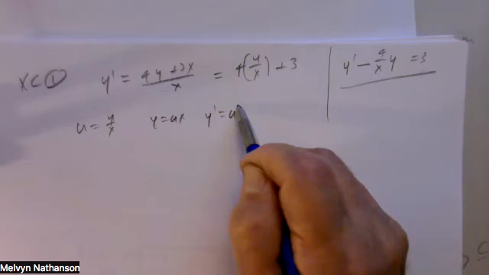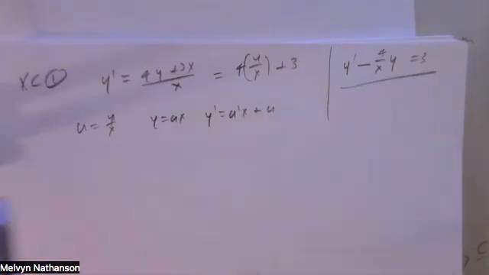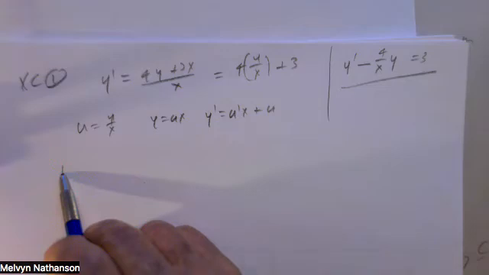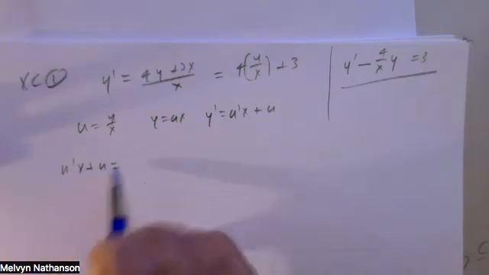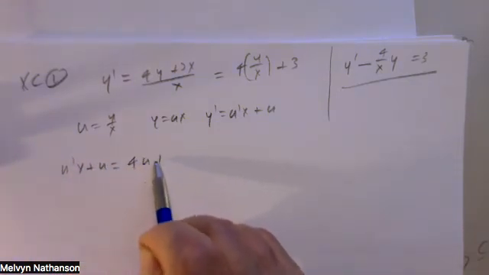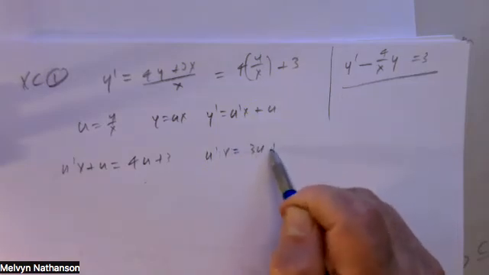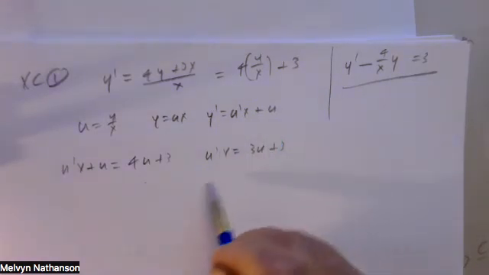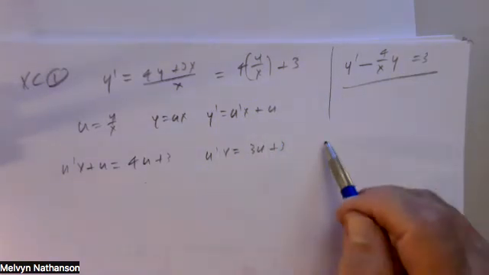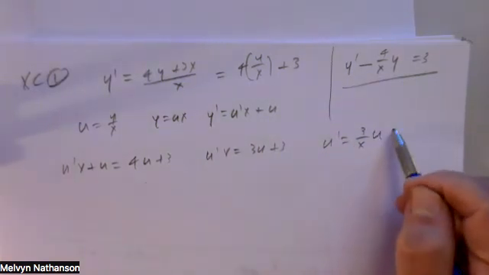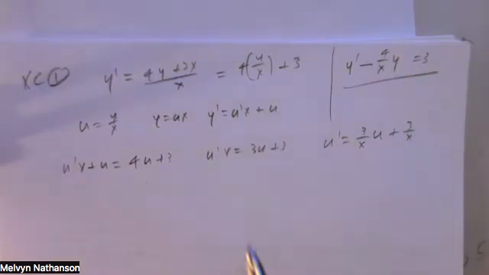So y prime is u prime x plus u. So this equation becomes simply y prime, which is u prime x plus u, equals 4u plus 3. So u prime x equals 3u plus 3. So u prime is 3 over x u plus 3 over x.